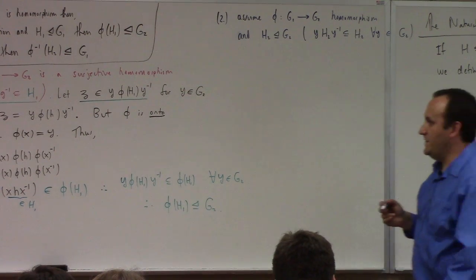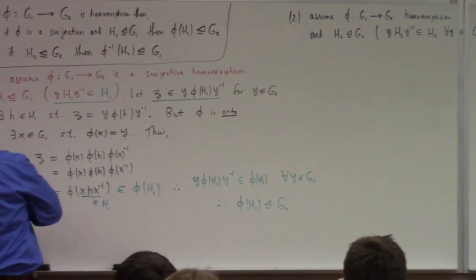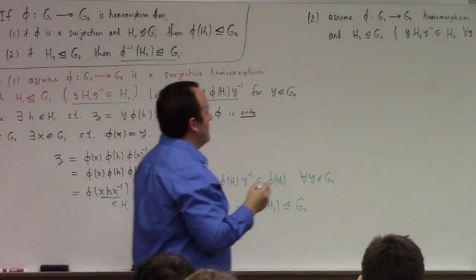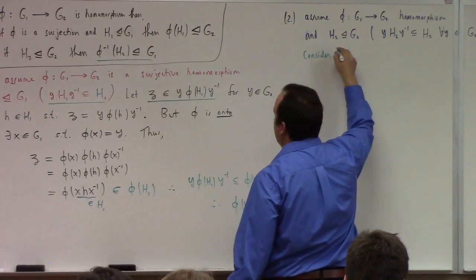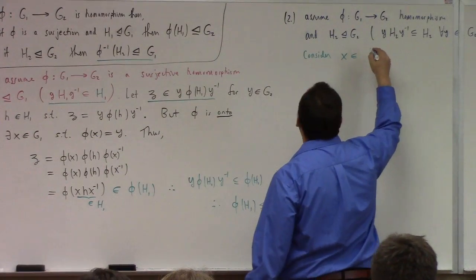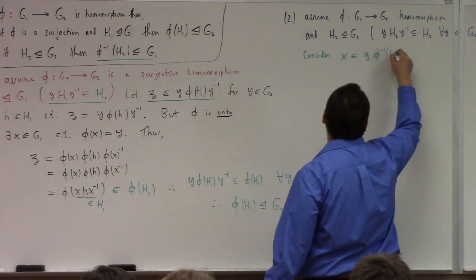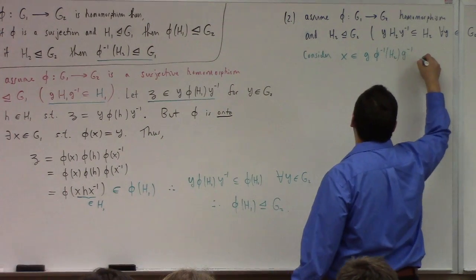I want to show that the inverse image of H2 is a normal subgroup of G1, right? So what should I do? I should consider, let's say, x an element of g phi inverse of H2 g inverse.